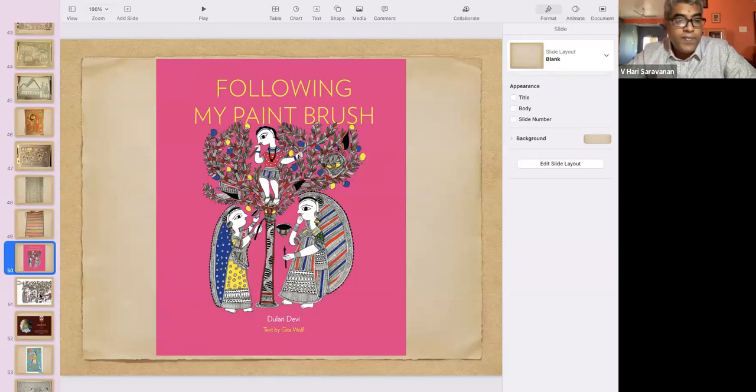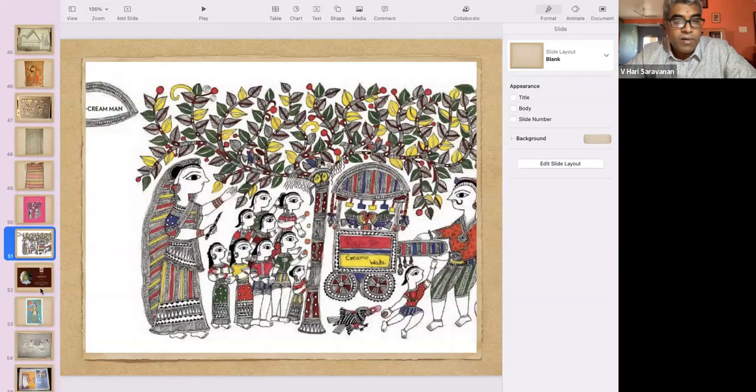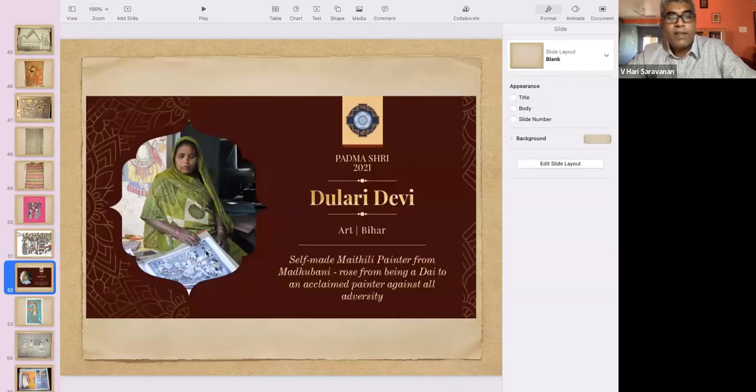One of the depictions over here you could see is her experience with taking the children to the local, when the ice cream man visits. Now, these are the modern elements which the artists are bringing in. This is a citation for the Padma Shri Dulari Devi, and here is a portrait of her.